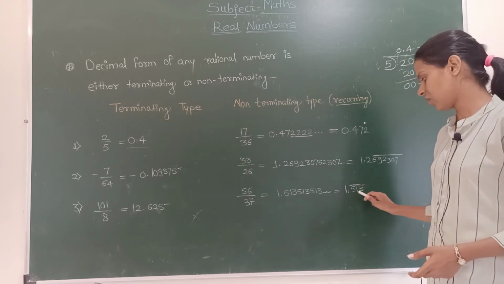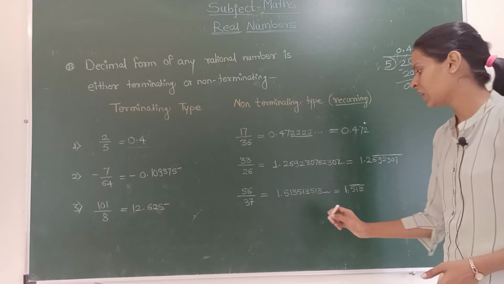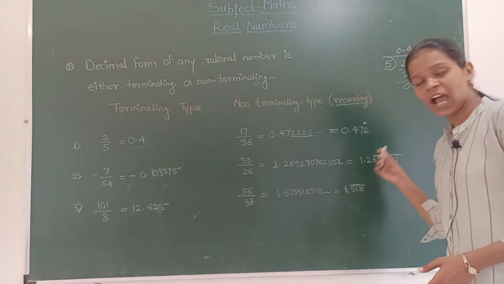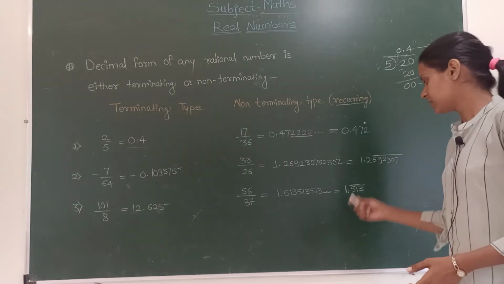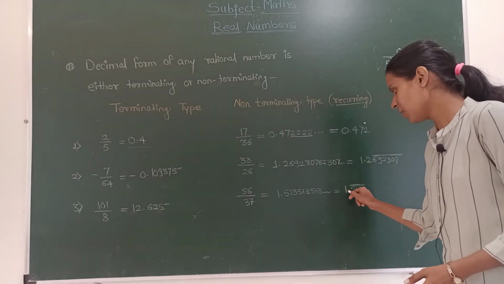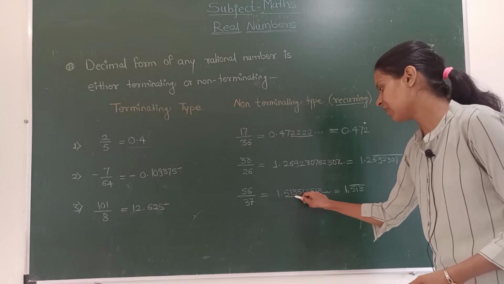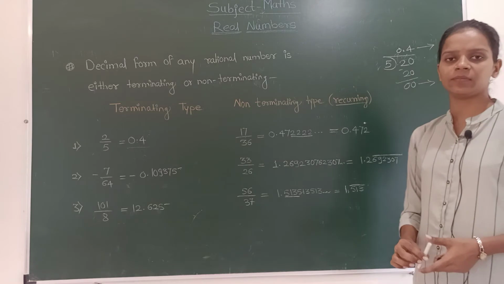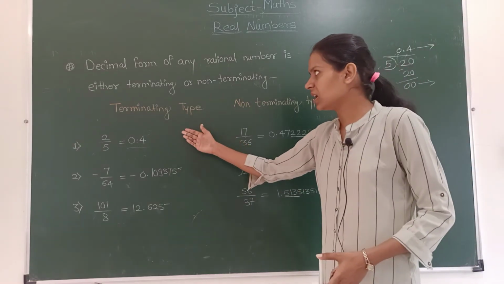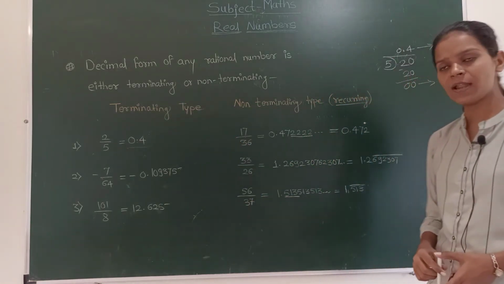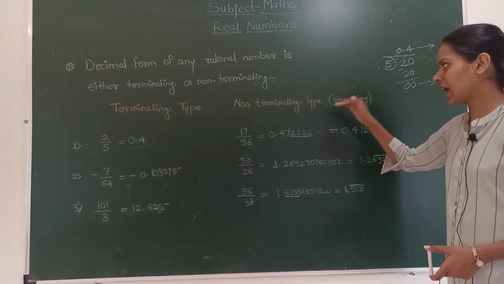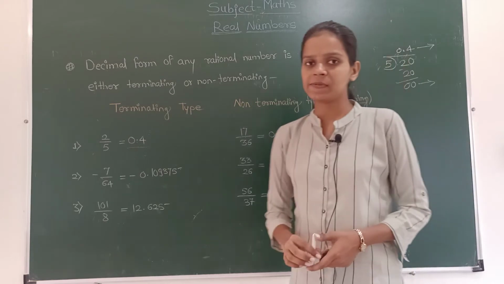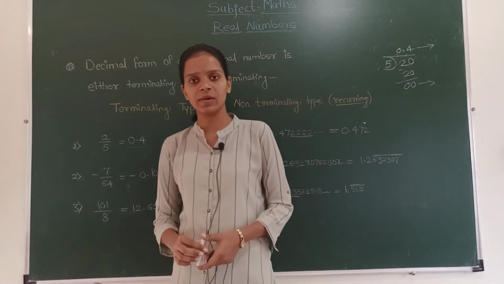Therefore, we draw a line on the head of this number, that is 513. You can see 513, again 513, again 513, and it will go on constantly. This is the terminating type of decimal form of a rational number, and this is the non-terminating type or recurring type. These two are the types of decimal forms of a rational number.